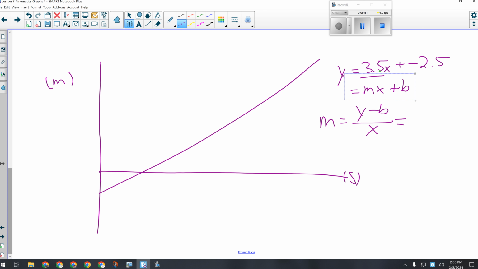On my y-axis is position. On my x-axis is time. So when I do this, am I really just doing this?